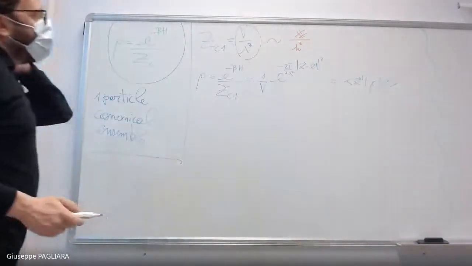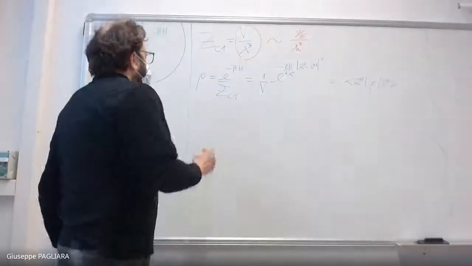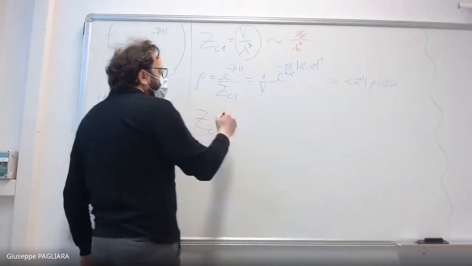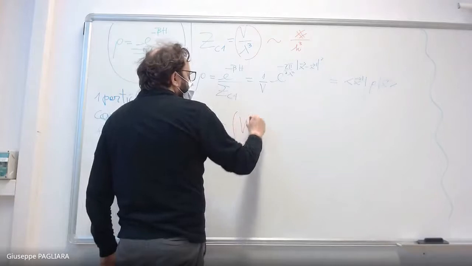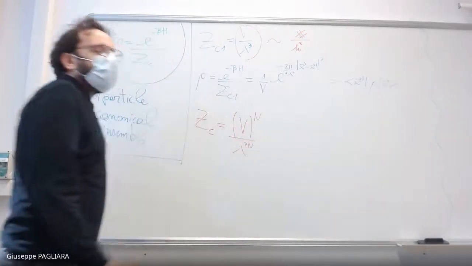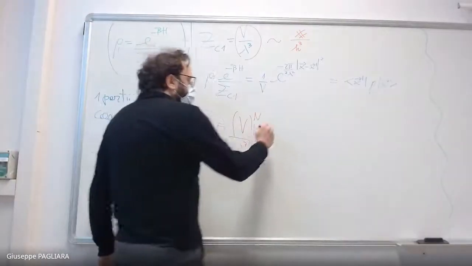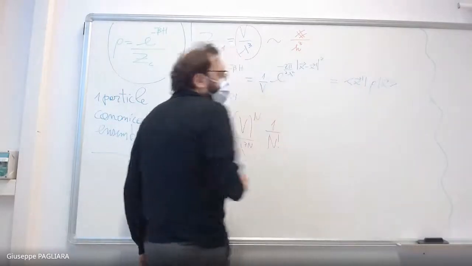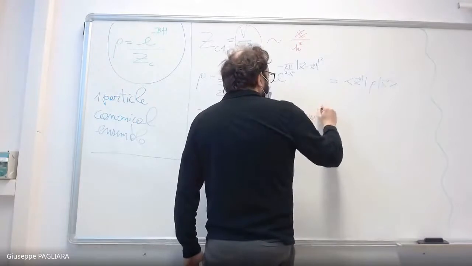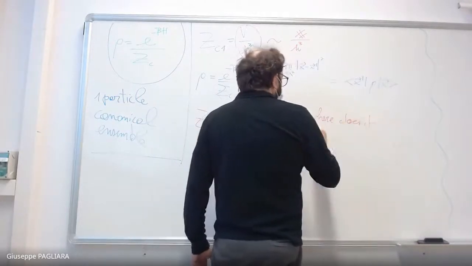Okay. So indeed, if particles were completely independent, one would guess classically that the partition function associated with n particles would be V to the power of n and lambda to the power of 3n. But we know that there is an additional factor, which is the n factorial, which is missing. And actually, what we are going at least to motivate is this 1 over n factorial, where does it come from?